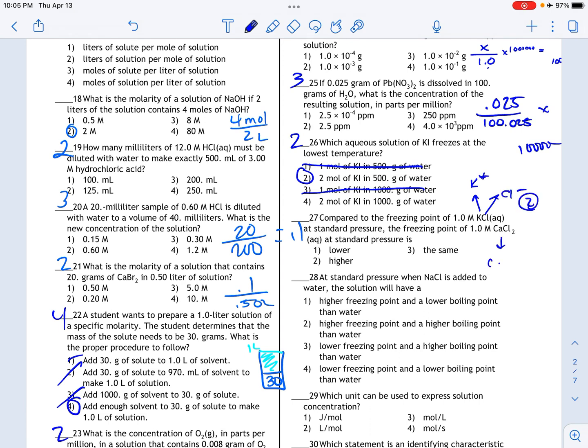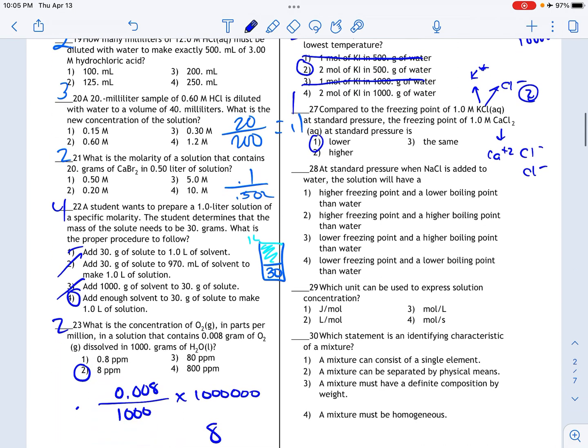This is going to break up into Ca 2 plus and 2 Cl minuses, so that's 3 ions. So the calcium chloride has more ions, which means the boiling point would be higher and the freezing point would be lower. When you add a solute, you're going to have more extreme: higher highs, lower lows. So higher freezing point? No. The solution will have a lower freezing point and a higher boiling point.